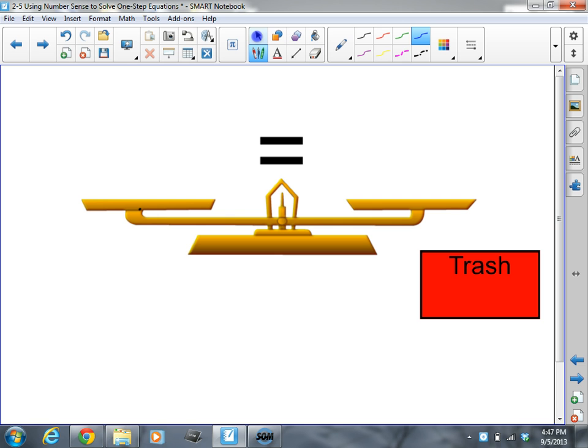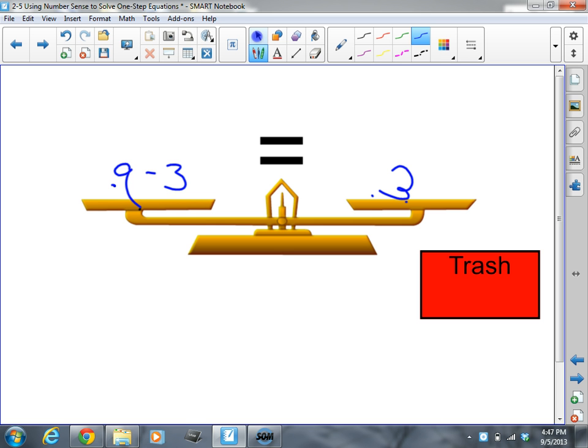Let's do q minus 3 on one side, and 3 on the other side. So what could we do to make that equal? Well, let's see. It has to be bigger, so q has to actually be bigger than that. So it's 4.